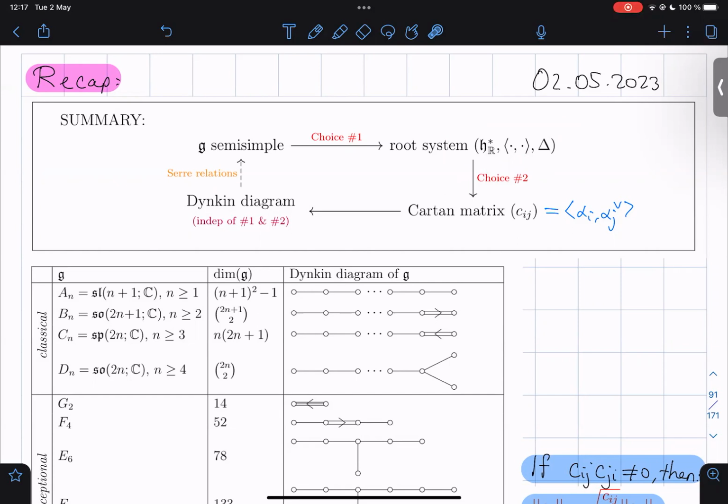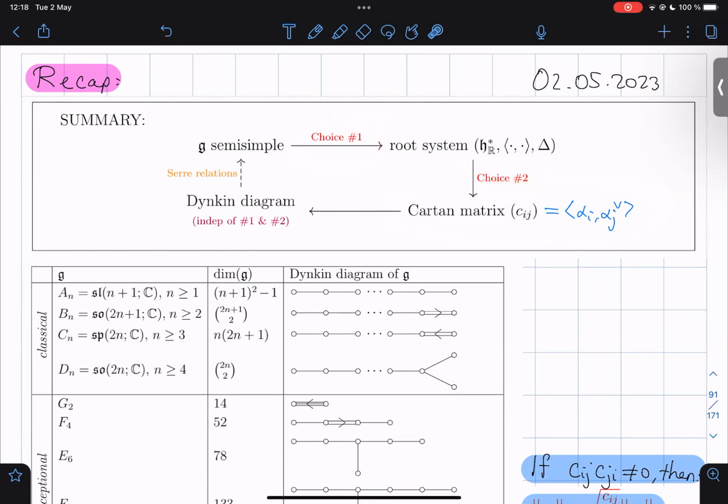The second choice is, once you have that choice of H, then amongst those roots, you choose a nice basis, this notion of a base. So it's a basis plus some other condition. And there is ambiguity there as well, but again, it's nicely controlled. But given those two choices, then you get the Cartan matrix.